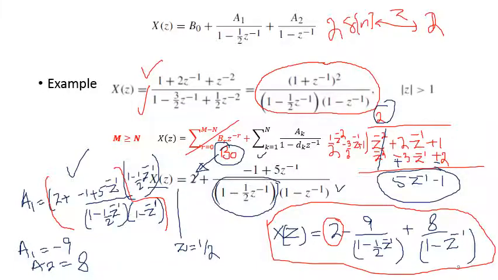So that means the inverse of the x of z, the first term of x of n, will be equal to 2 into impulse of n.